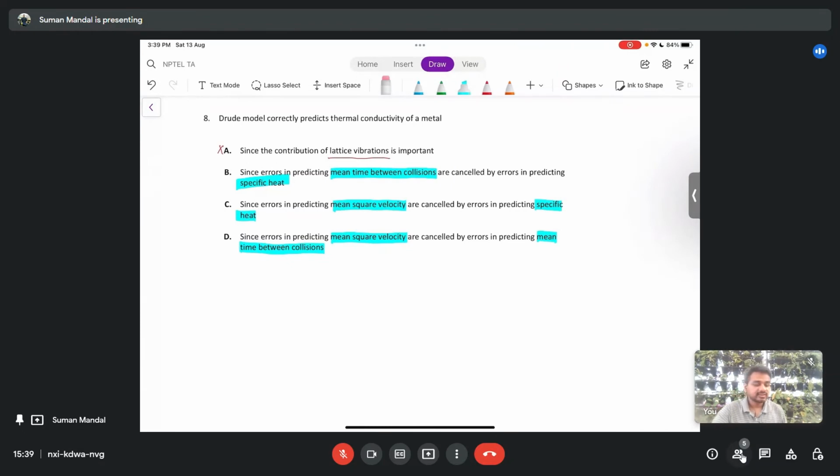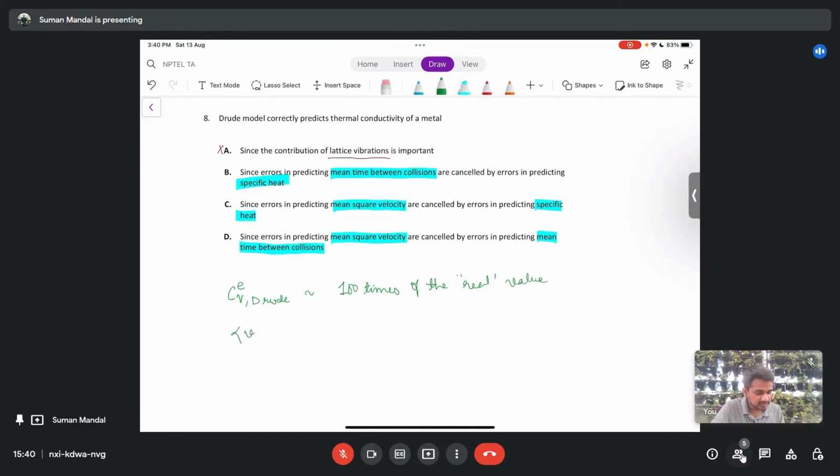Okay. So from the Drude model, what was found out is that the specific heat at constant volume, when we consider only the effect of electrons, was about 100 times the experimental, or let's say real values.